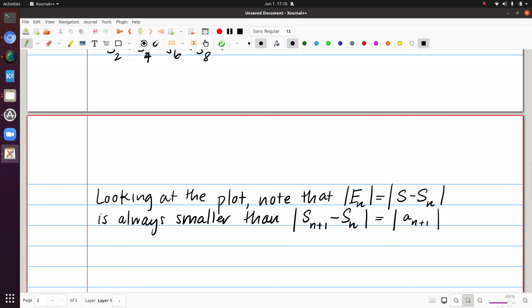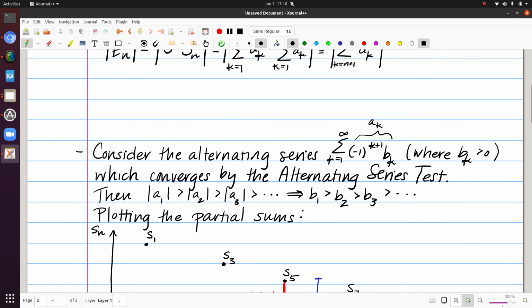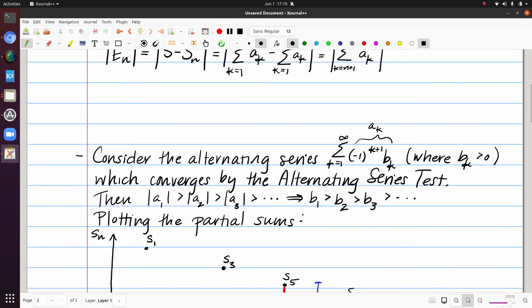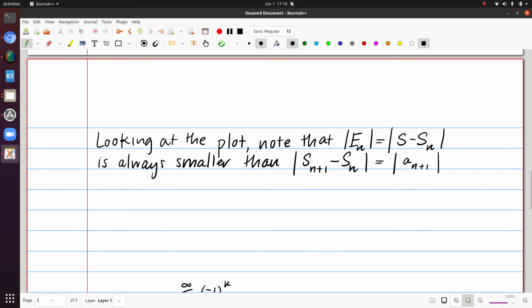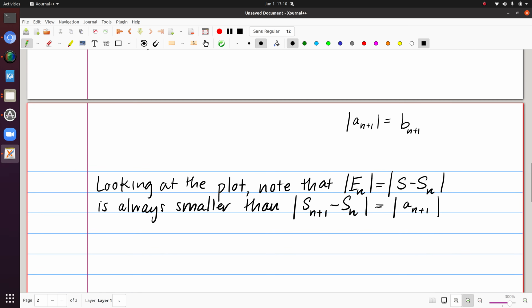And here, I'm taking the absolute value, and I'll point out when we take the absolute value of a sub k for such an alternating sum, we lose the sign and we just get the size of the term. Alternatively, we could have expressed this as b sub n plus 1. But I like to write it as we have here to really emphasize that you should never get a negative when we're bounding the size of the error.